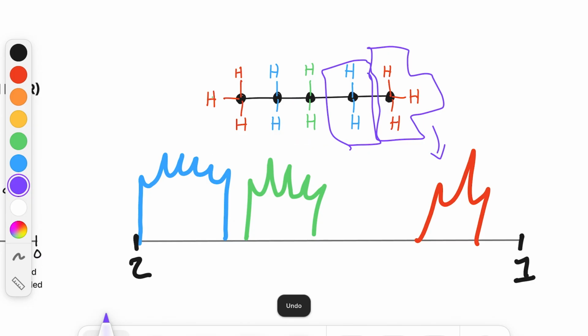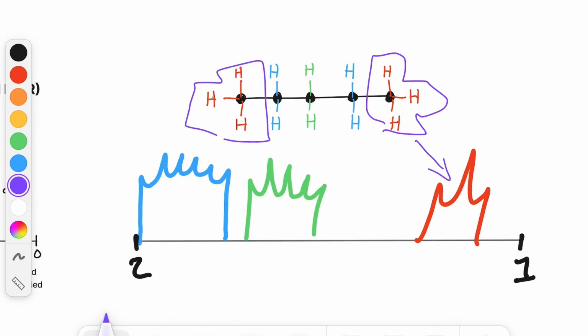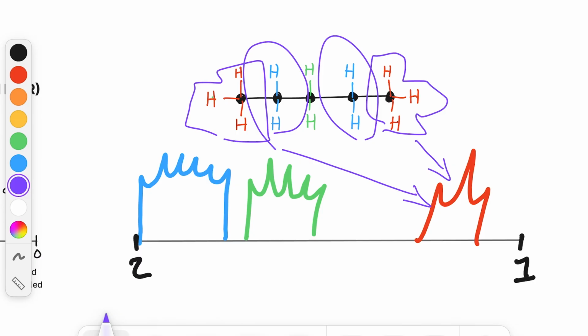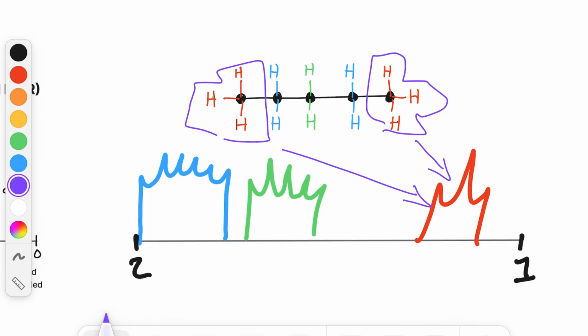One question you might be asking is, there are multiple red groups and multiple blue groups. Because there's symmetry, these groups are producing the same exact signal, so they're effectively overlapping here. Same with the blues.